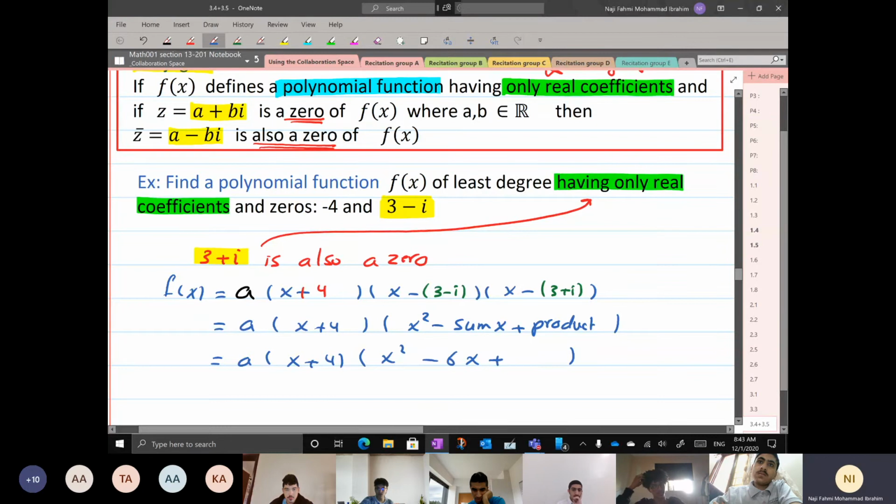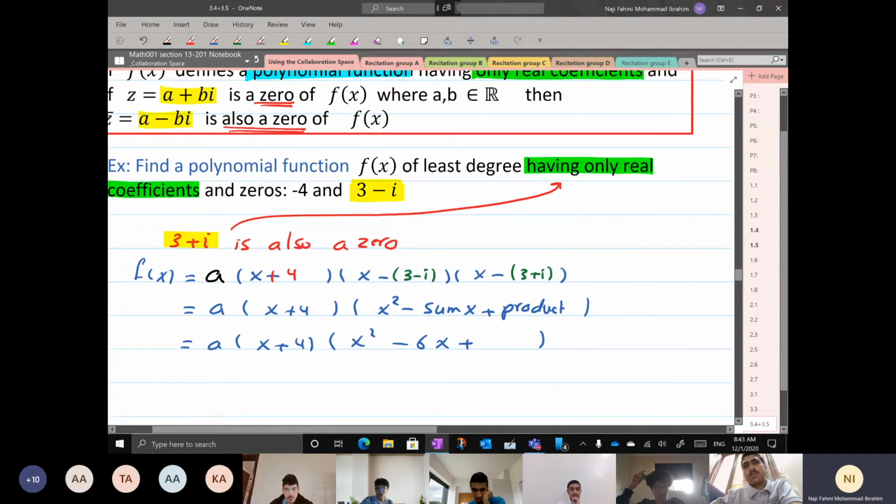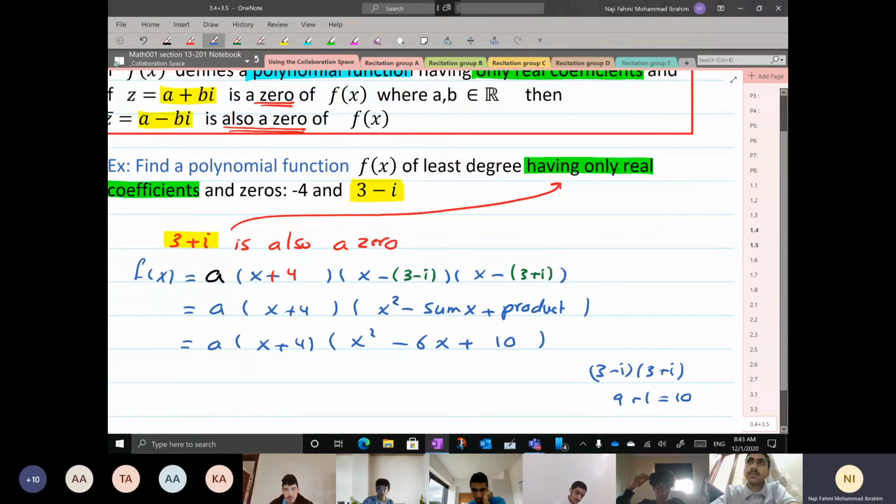So this is minus 6x. And what's the product of the complex zeros? How much is 3 minus i multiplied by 3 plus i? 9 plus 1, which is 10. So this is how to multiply these brackets. Of course, you can continue multiplying by x plus 4, but I think this is easy.